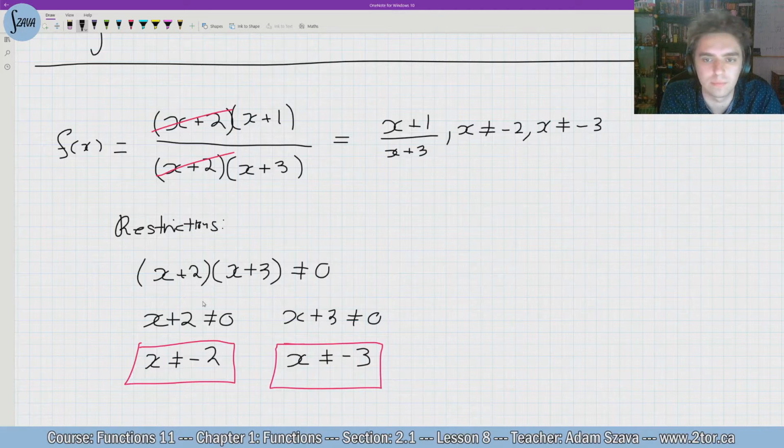And even though now, in this, I could plug in negative 2, here I could not plug in negative 2.